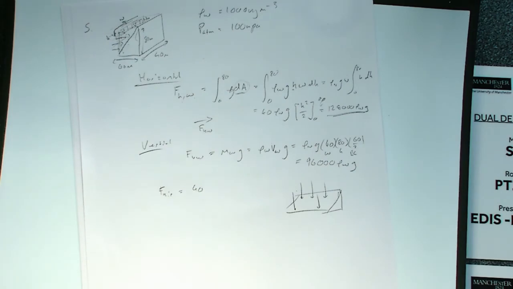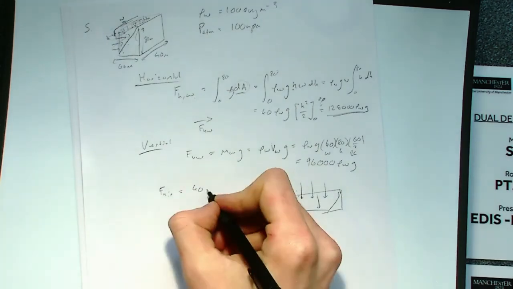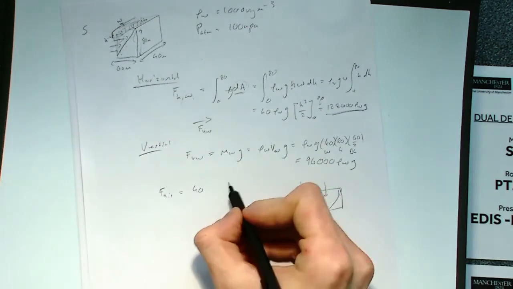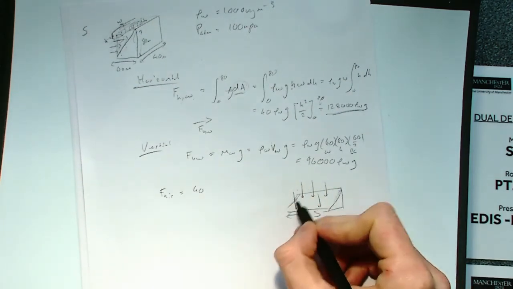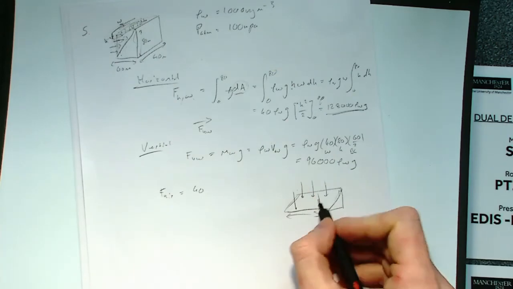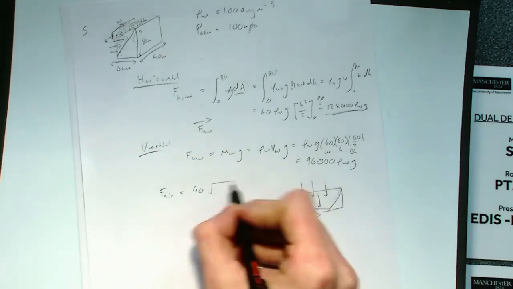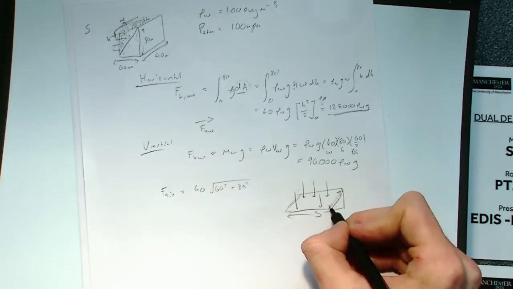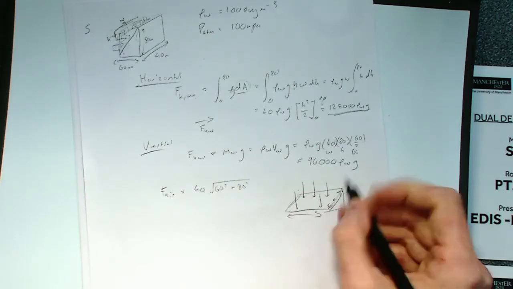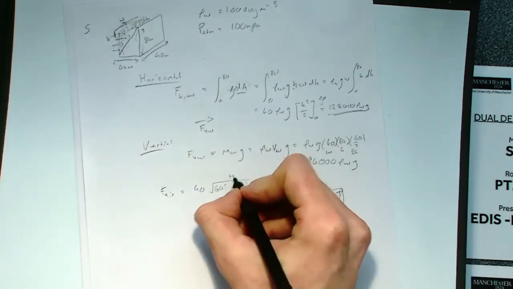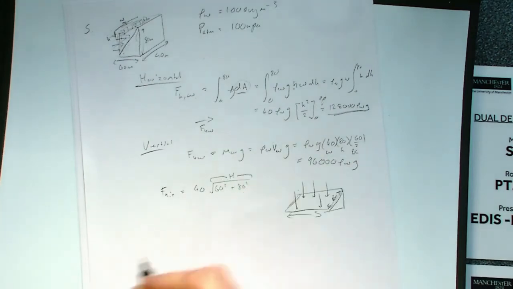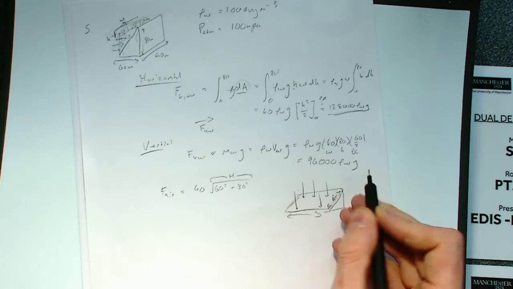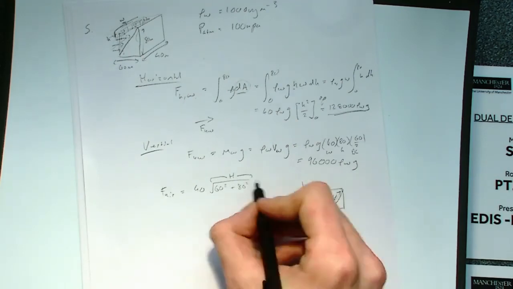Sorry. So in order to calculate the force of the air, we need to do the width, which is this bit, and then we need to figure out what the size of this square is. So that's 60 squared plus 80 squared, to figure out what this length is here, right? We'll call that the hypotenuse. So we're saying width times hypotenuse gives us this rectangle here, and that's what the air's acting on.